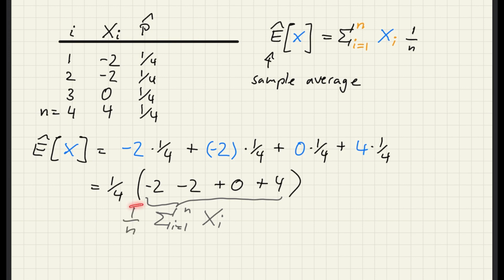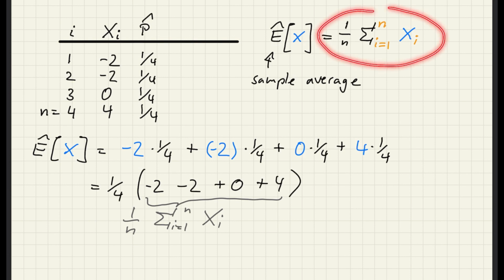We could have used this formula from the get-go, and you can see this by the fact that we can just rearrange the formula up here, just moving the 1 over n to the front, and now you have the standard formula for the sample average. This is the formula you may be familiar with from introductory statistics courses.